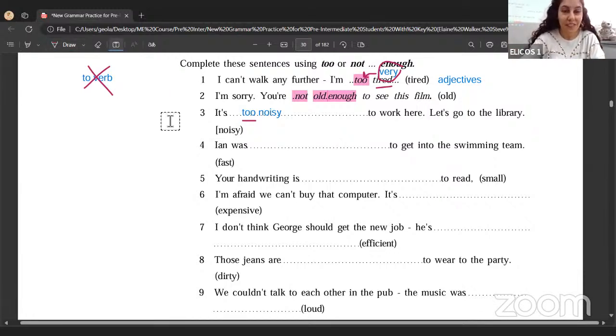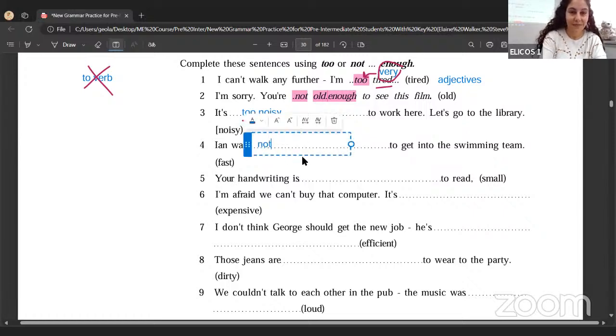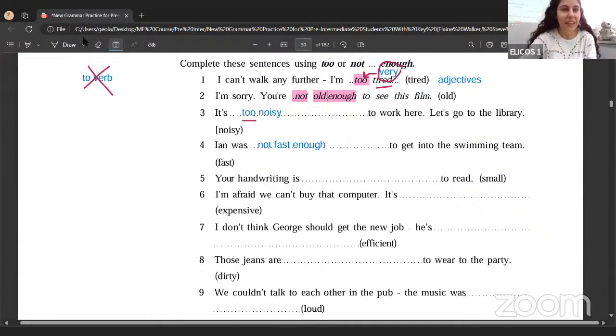Number 4. Yes. So Ian was not, or you could connect that and say Ian wasn't fast enough. Okay, he didn't have enough.